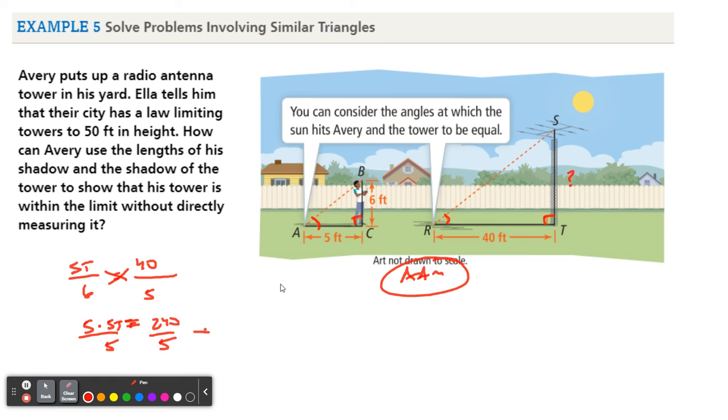Divide by 5 on both sides, and we get an ST value of 48. And because 48 is less than 50 feet, we are within the limit. So we have a tower of 48 feet, which is within the 50 feet limit. So he's good.